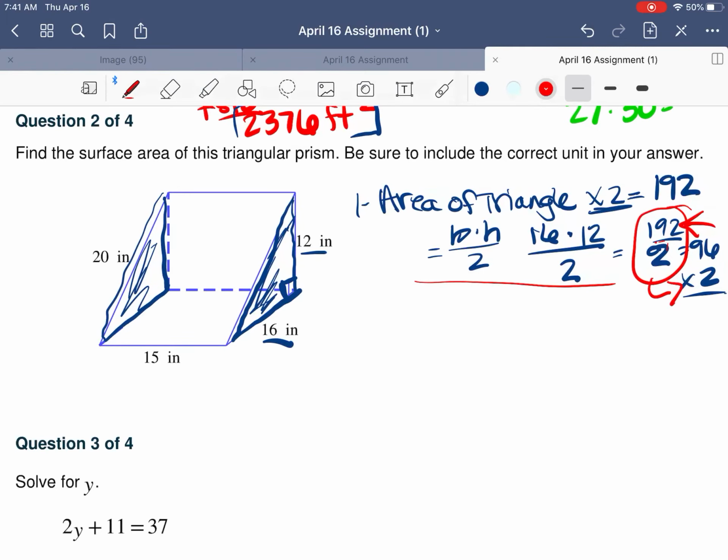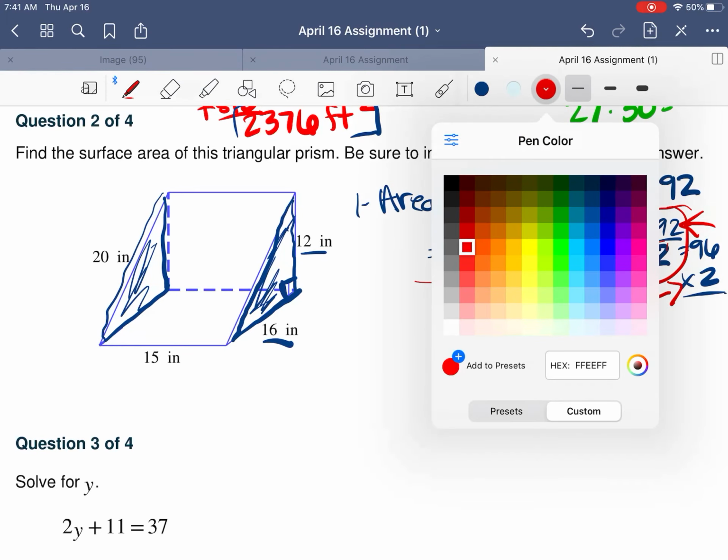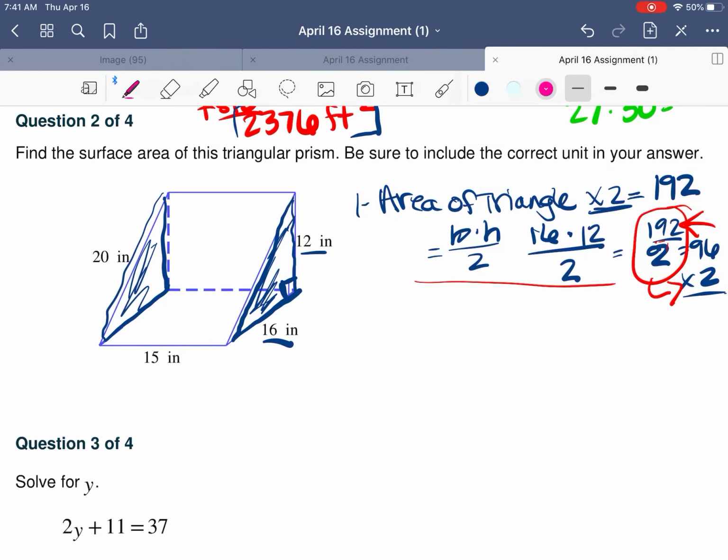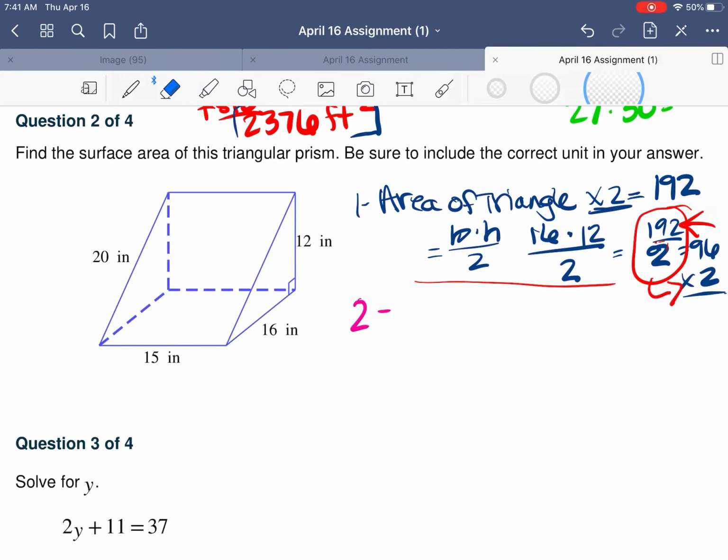Okay, so let's go with my next step. So number 2 in this process. So now I know that that's what my 2 triangles was, the 192. So now my next one in this process was to find the area of the floor, and it's just the length times the width.